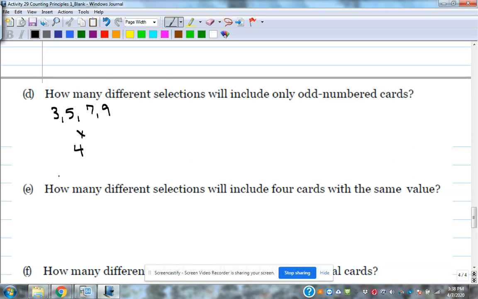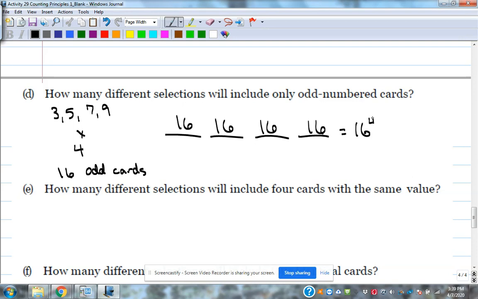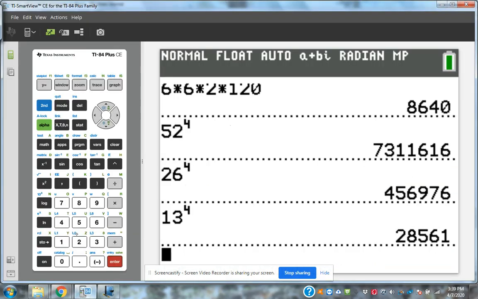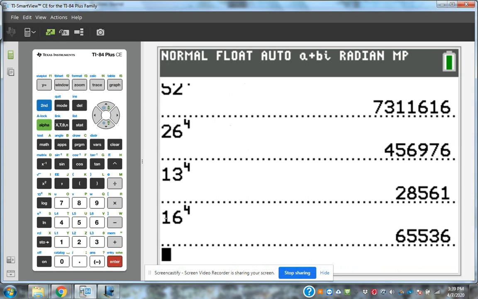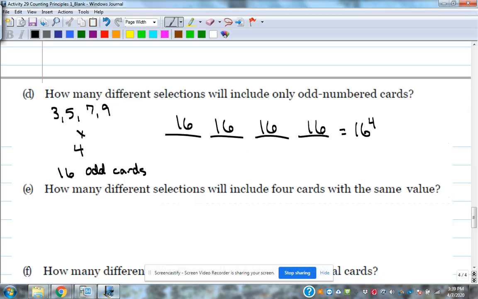So there are 16 odd cards. So again, 4 blanks, 16 for the first choice, 16 for the second, 16, 16, 16 to the fourth power. 65,536.